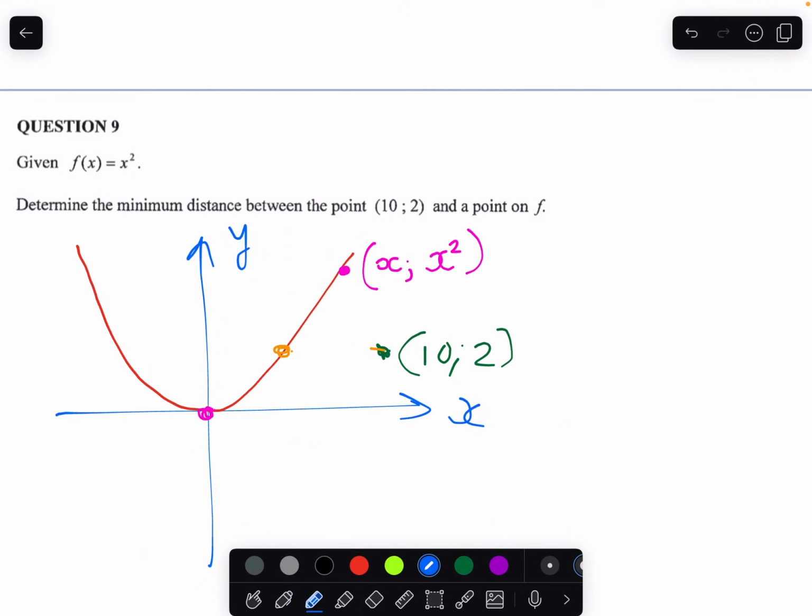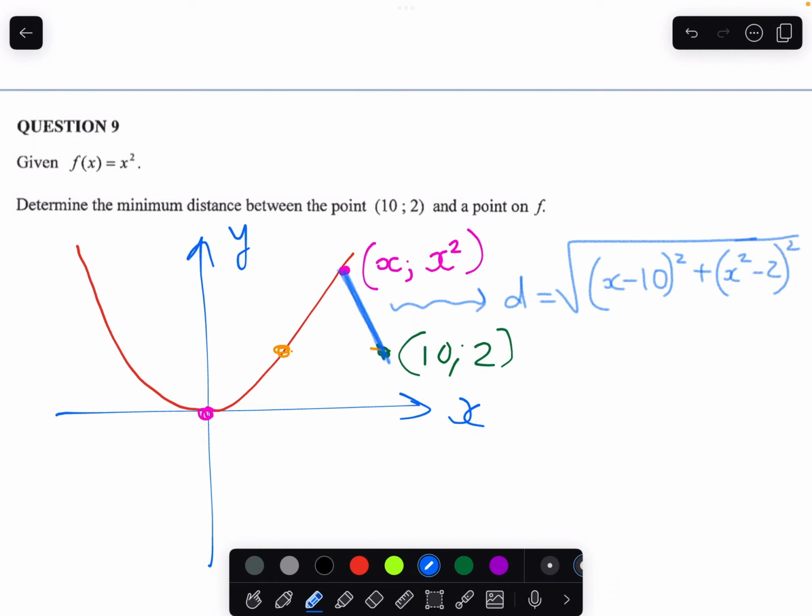And therefore, the expression for the distance between these two will be given by the square root of x minus 10 squared plus x squared minus 2 squared, right? And of course, we know that we can switch these around, it doesn't really matter because of the squaring that's happening.